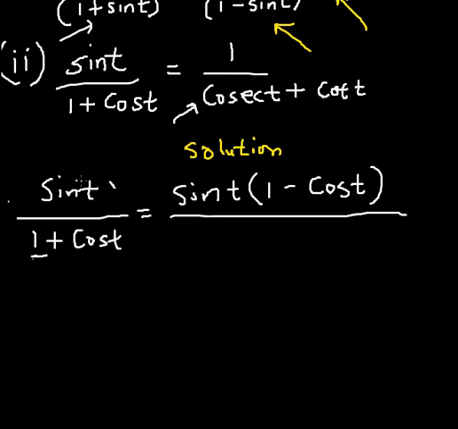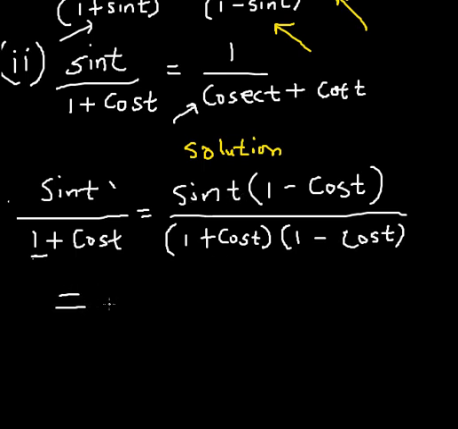And whatever you do to the numerator, you also do to the denominator. So I will have 1 plus cos t multiplied by 1 minus cos t. Okay, so let's actually evaluate that.